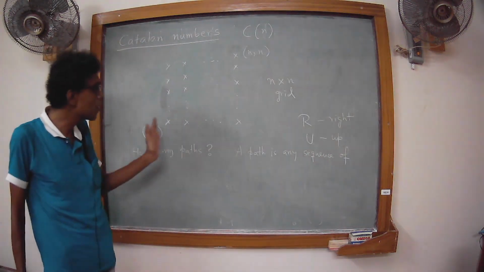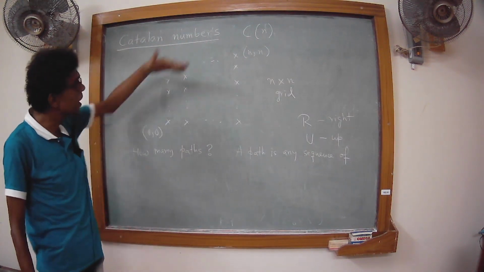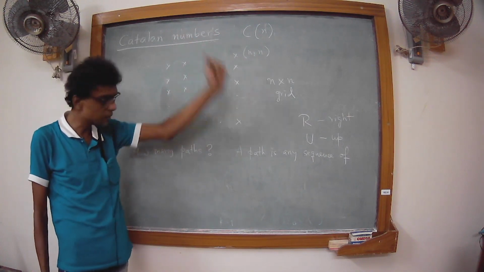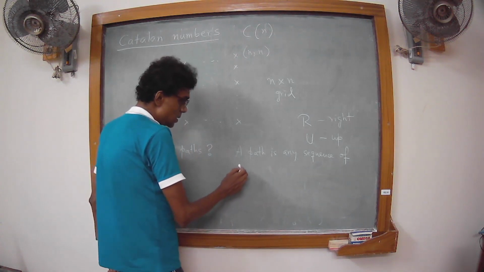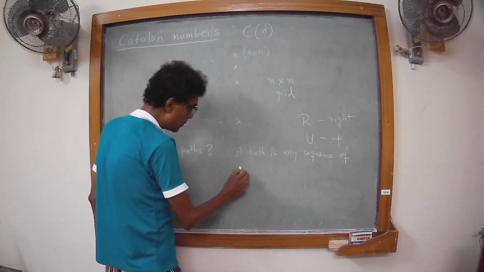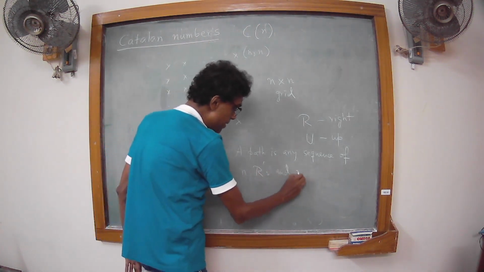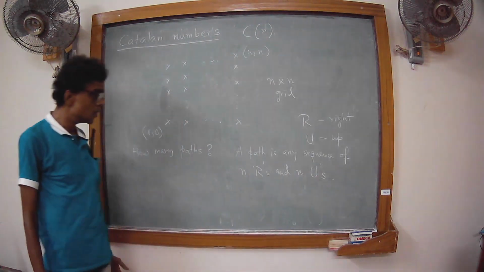From 0,0 to n,n, you have to make n rightward steps, and this n implies that you have to make n upward steps. So a path is defined or specified completely by a sequence of n R's and n upward movements.